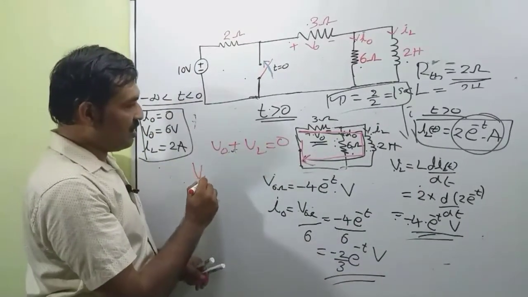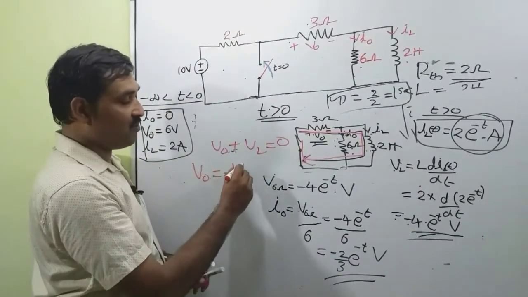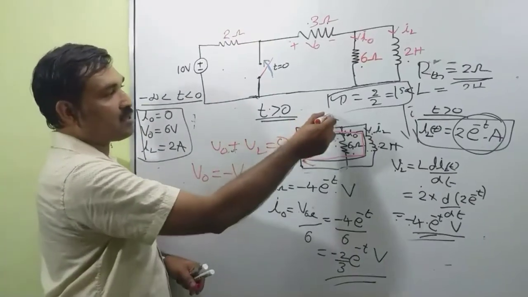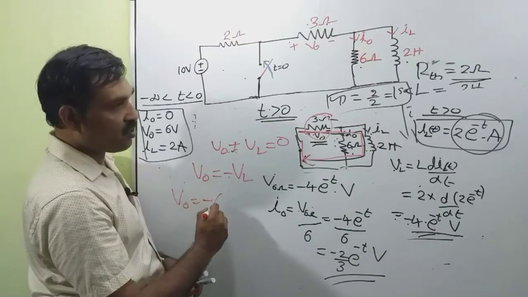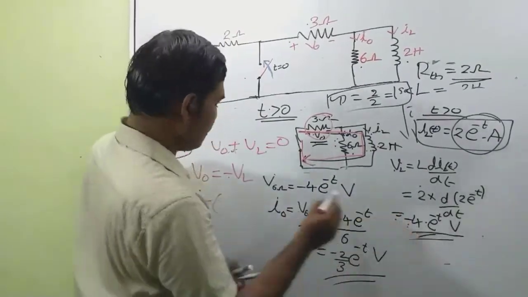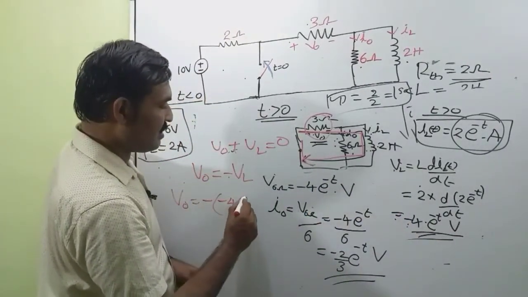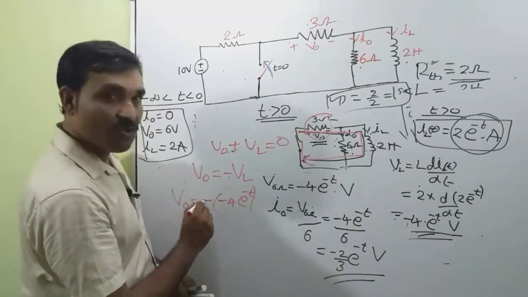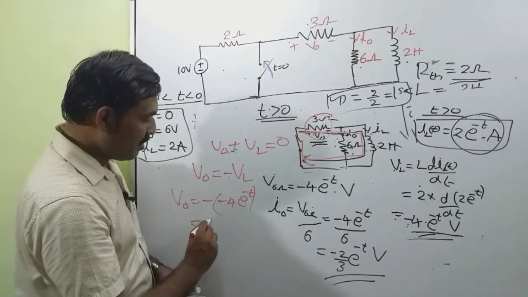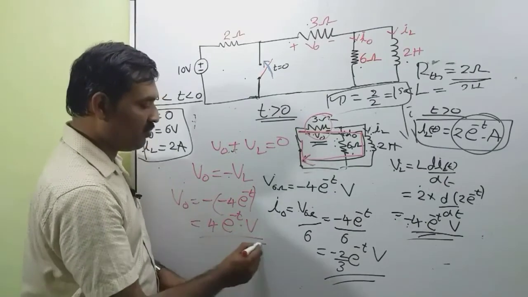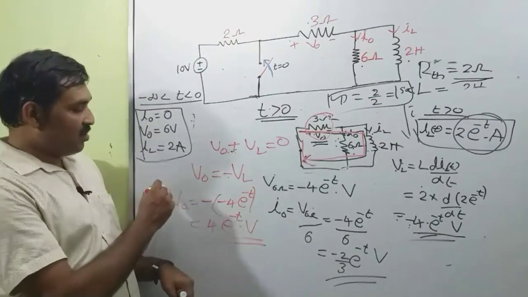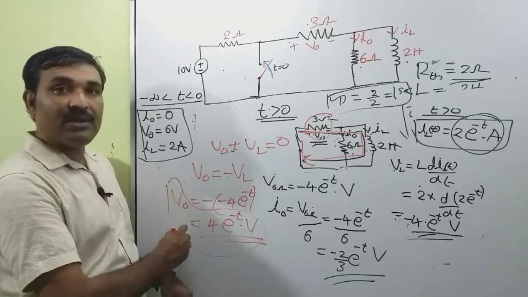So V0 is equal to minus VL. So the voltage across this 3 ohm resistance V0 is equal to minus of VL. VL is minus 4 into e raised to minus t. So minus of minus becomes plus, that is equal to plus 4 into e raised to minus t volt.